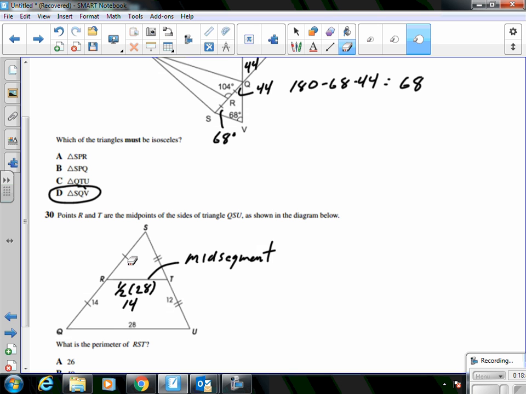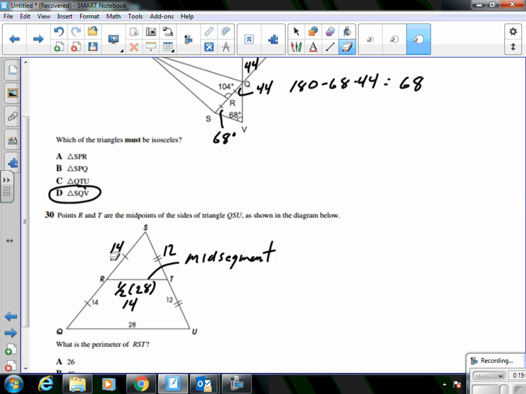And then we notice we have congruence marks here and here. So this segment is congruent to segment QR. Segment QR is 14, so segment SR should be 14 as well. And then we have double congruence marks that match here and here at ST and UT. UT is 12, so ST should also be 12.